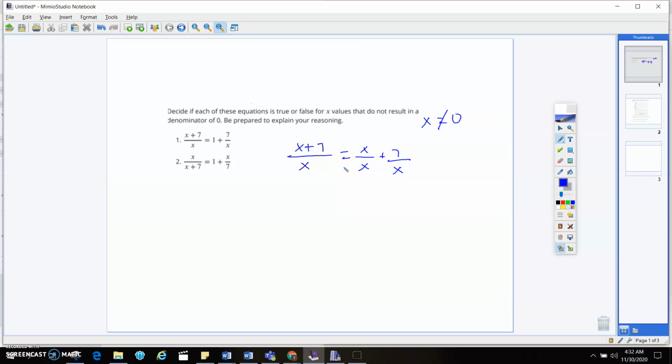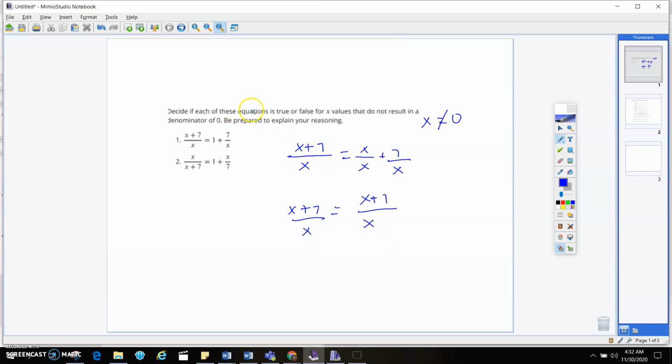So recap really quick, because I know a lot of people freak out about this x over x. Notice how x divided by x is just going to give me 1. I'm having to change this 1 to have a common denominator with this guy. So this is going to be x plus 7 over x equals x plus 7 over x. So you see how both sides are equivalent?